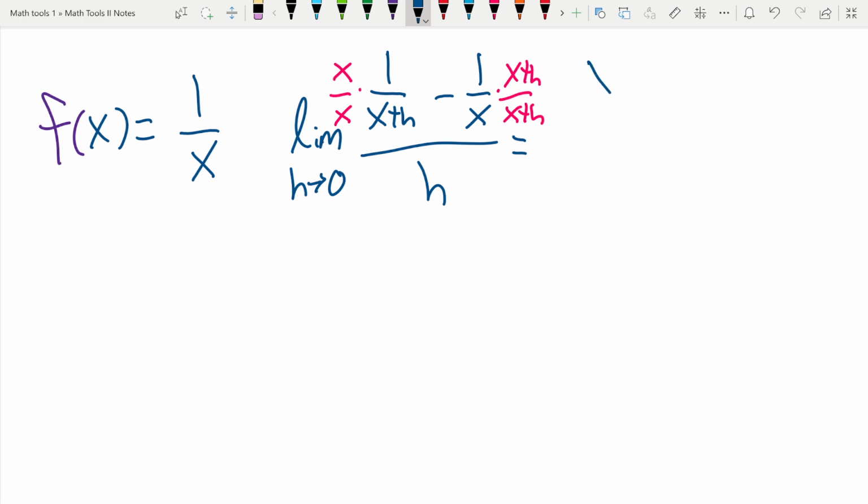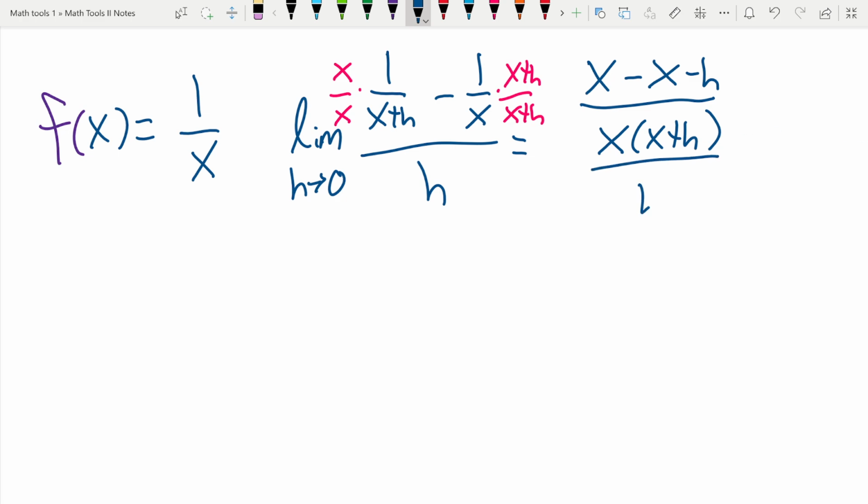So we're going to get x minus x plus h over x times x plus h, all over h. And we're still taking the limit as h approaches 0 of this. Okay, so we just found a common denominator for the two fractions on the top.